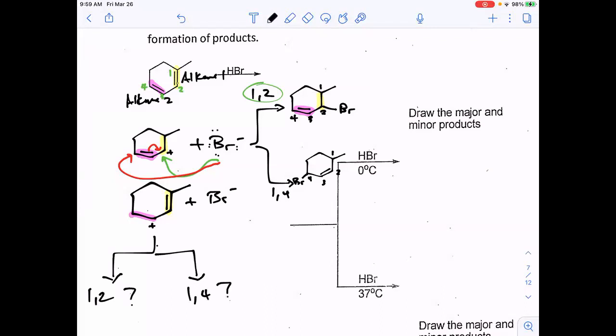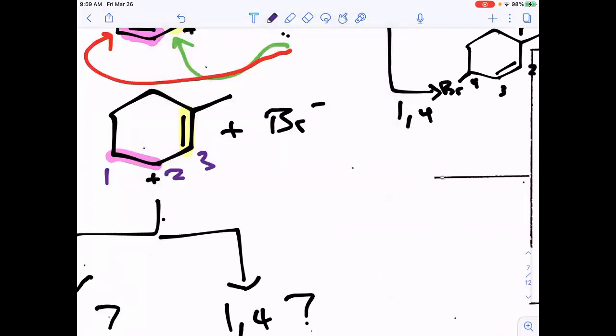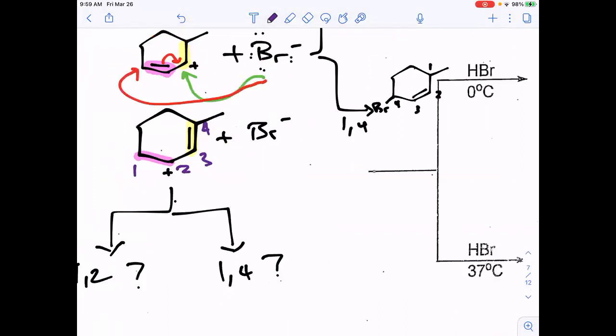All right, I'm gonna leave that. You can put those products in because you're gonna get, this is for that second alkene. That'll be 1, 2, 3, and 4. So you should be able to draw those products.